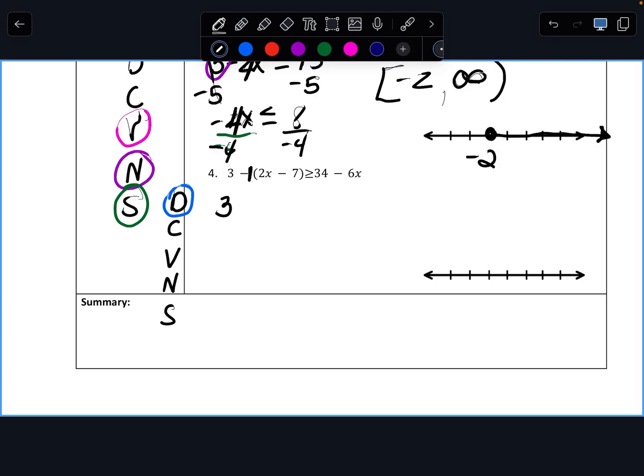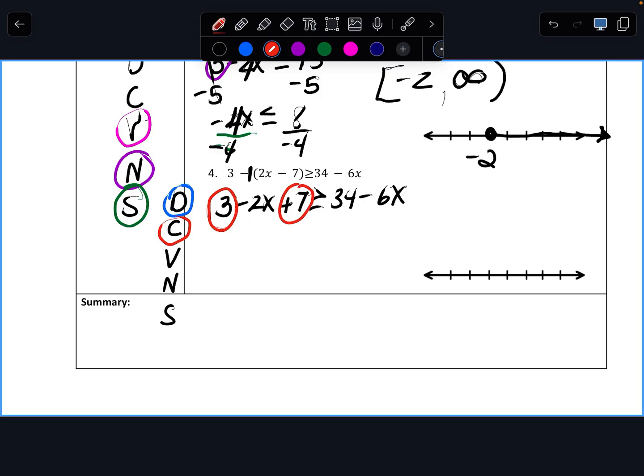So I have 3 minus 2x plus 7 is greater than or equal to 34 minus 6x. All right. Now, ask yourself, do I have combine like terms? Yes, I do. I have a 3. I have a 7.